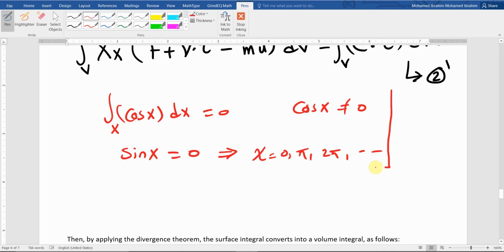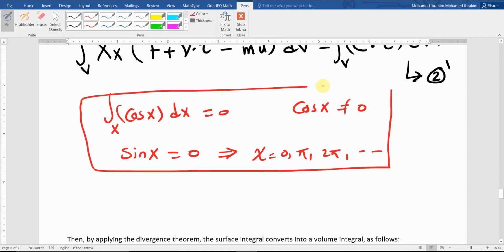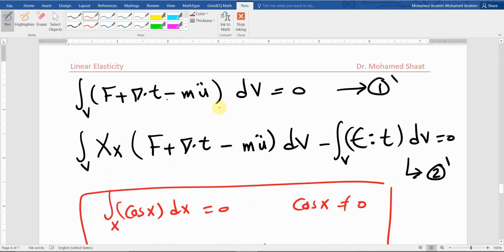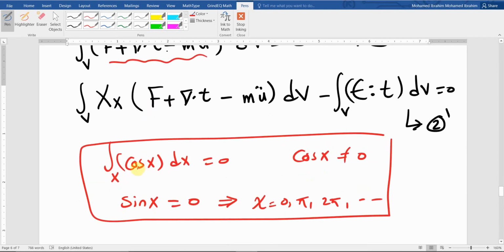So just leave this one on the side here. Going back to this point, if this integral equals 0, this doesn't necessarily mean that this term should be 0. But one of the characteristics of the classical mechanics that we're already using is that this term will be 0. With some other function, like the cosine x example I gave, the integral may be 0 even though what is inside is not 0.